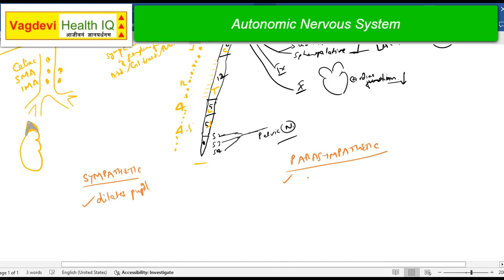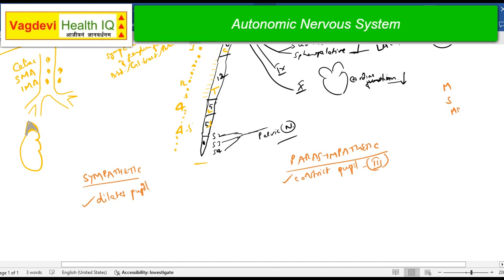What will parasympathetic do? Constrict the pupil. Very easy to understand and remember. Which cranial nerve will be involved here, dear friend? Number 3, oculomotor, right?